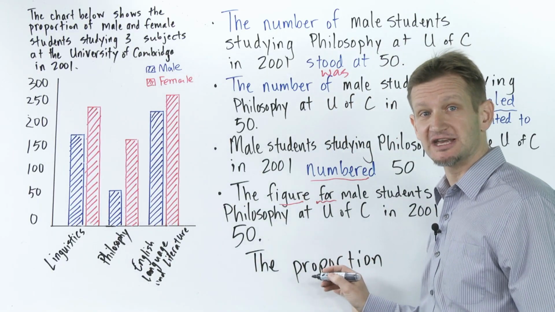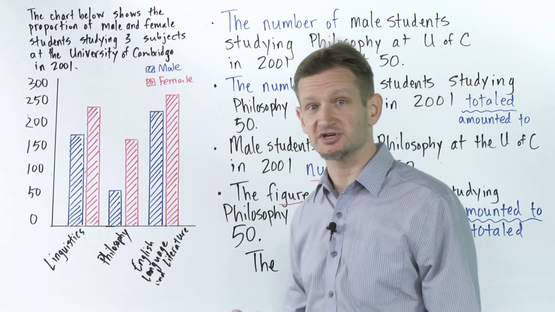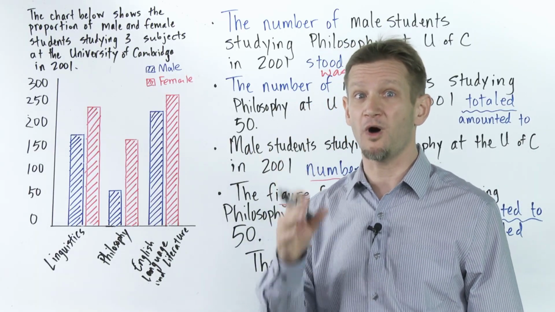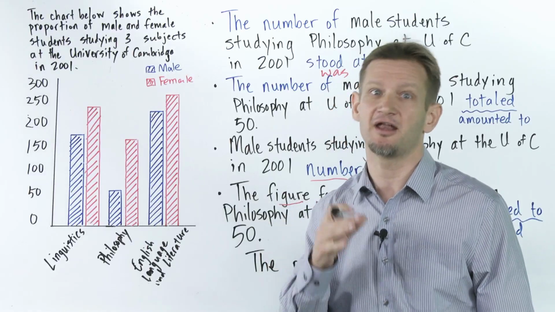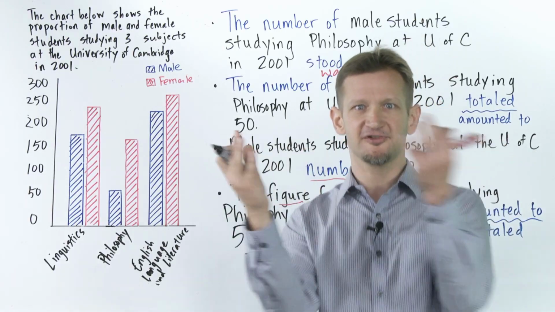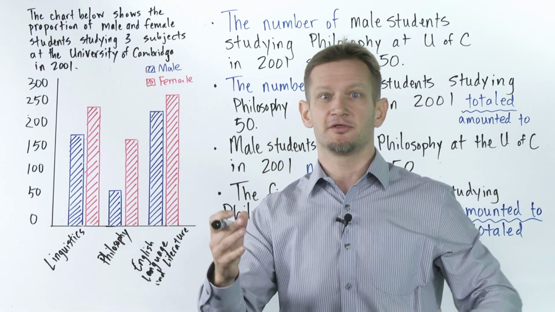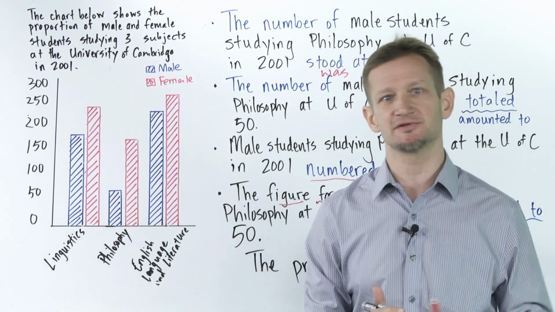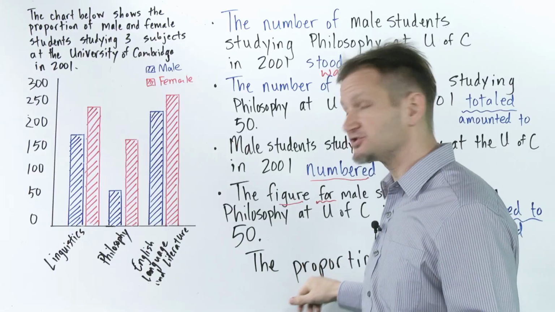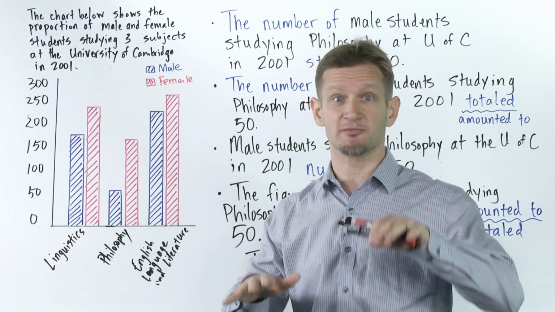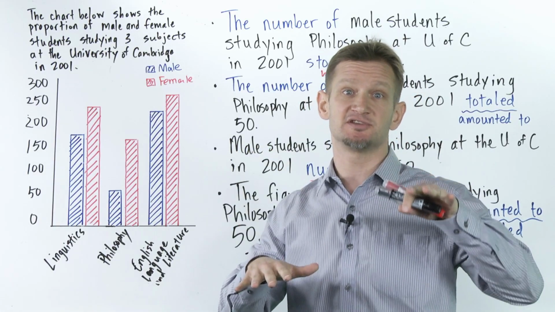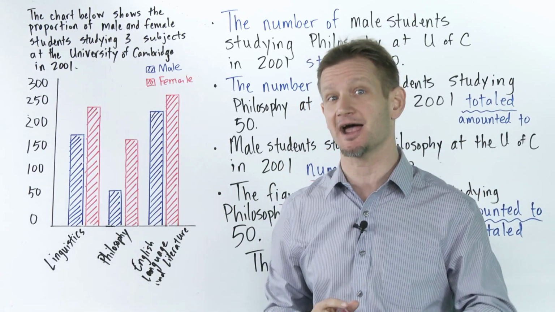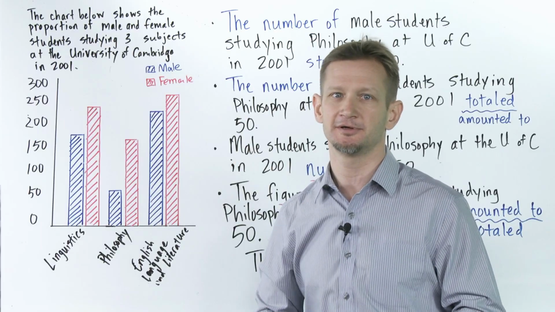So to use proportion here, we would say the proportion of male students was 1/3 that of female students. Or to flip the sentence around, the number of female students was 3 times as high as male students. So proportion is a great word to use, but just remember it's in comparison to something, either a different thing or the same thing at a different time, as in before or after.